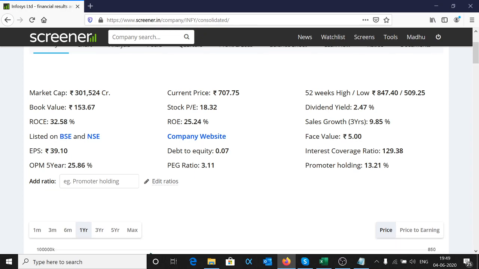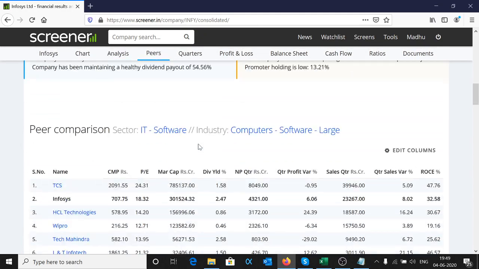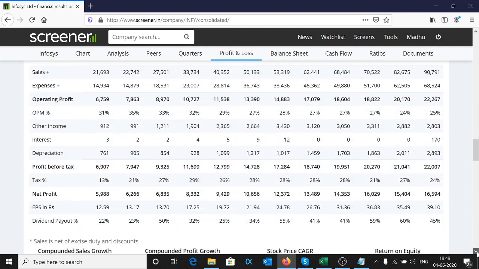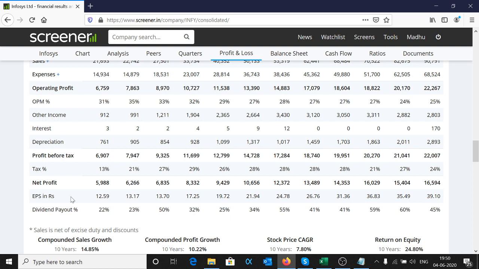Now we'll see the EPS, in the profit and loss consolidated figures of the last 3 years. In the EPS section, it's 39, leave 1, 2, 3, 26. So it has grown from 26 to 39, which is almost 50%.